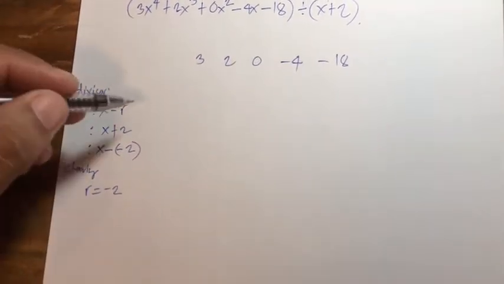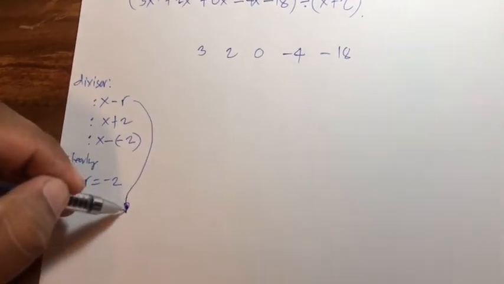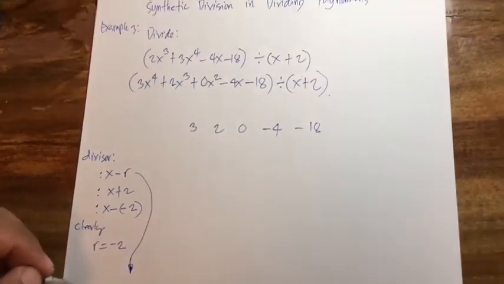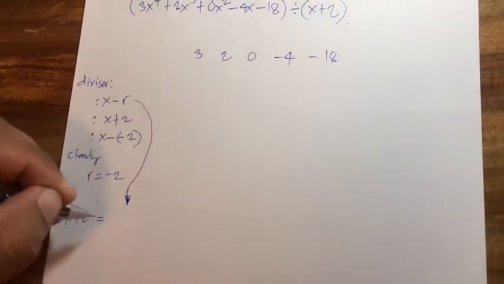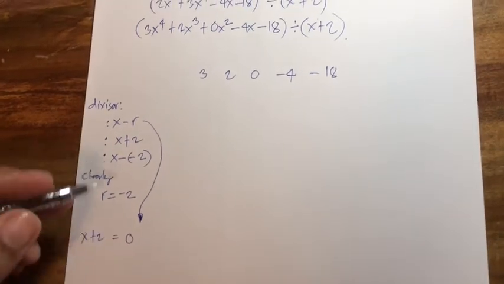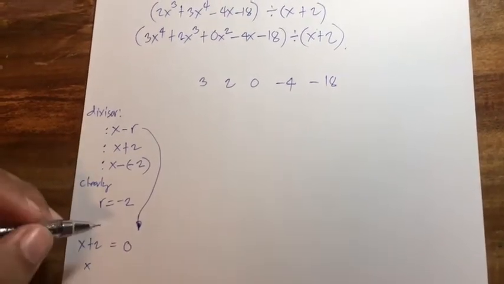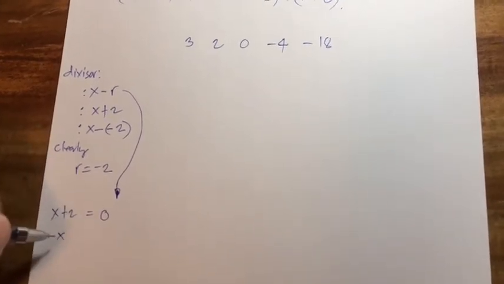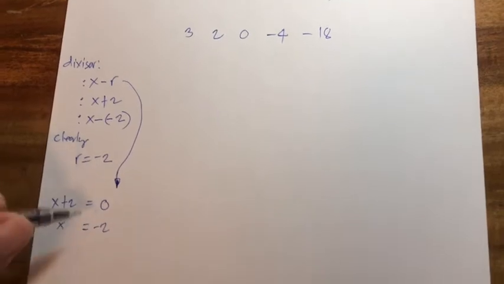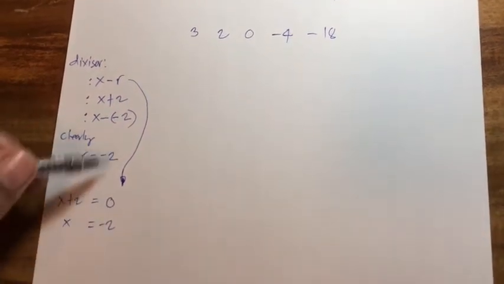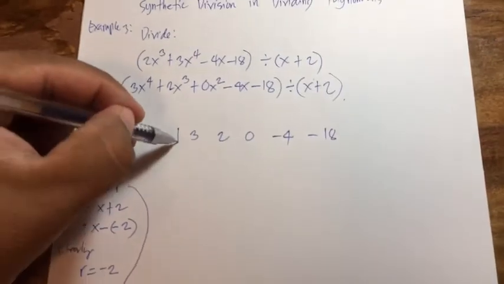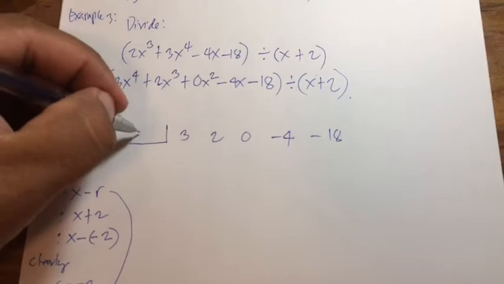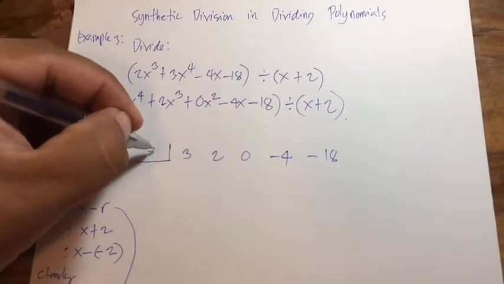You can also equate x plus 2 to 0 to get the value of r. Add both sides by negative 2, so x equals negative 2. This is our value of r. So again, you have to write an inverted bus stop. Our value of r is negative 2.